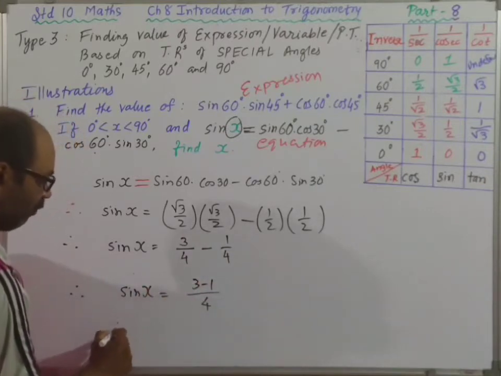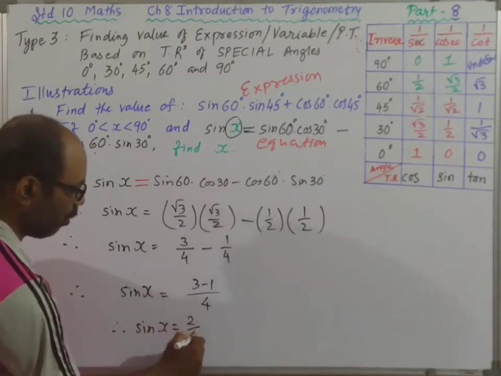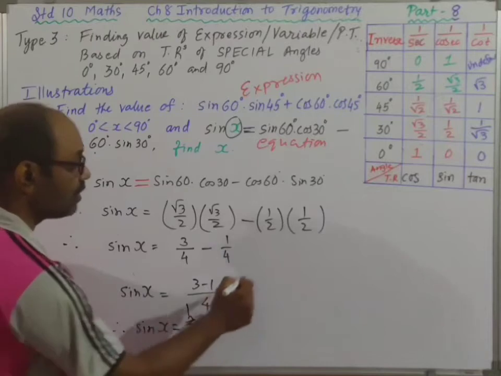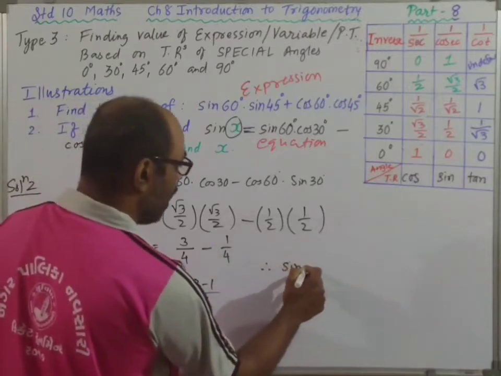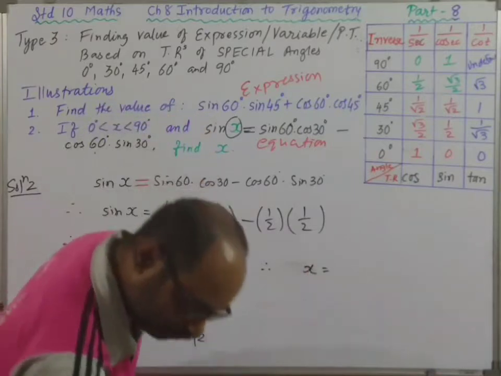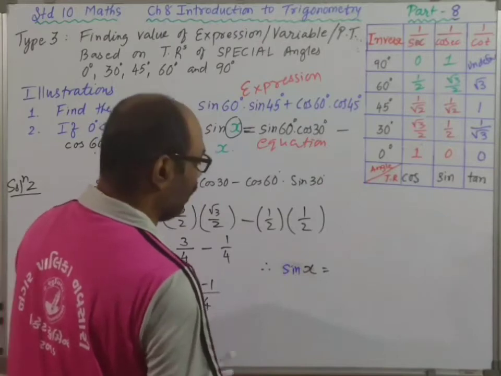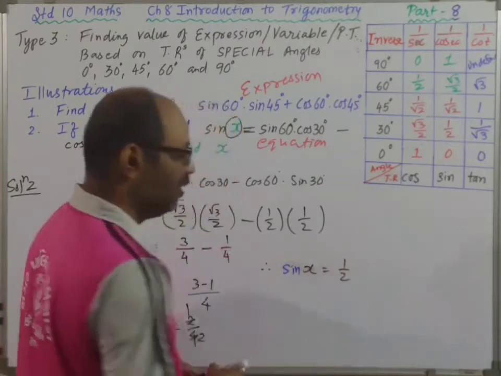Correct? Therefore, sine x is equal to 2 upon 4. 2 1s are 2, 2 2s are 4. Therefore, sine of x is equal to half.